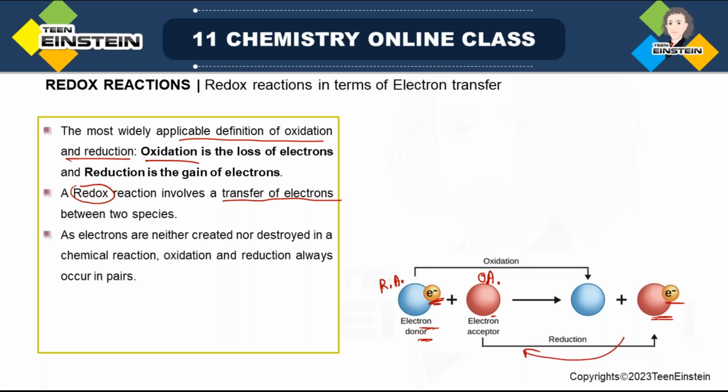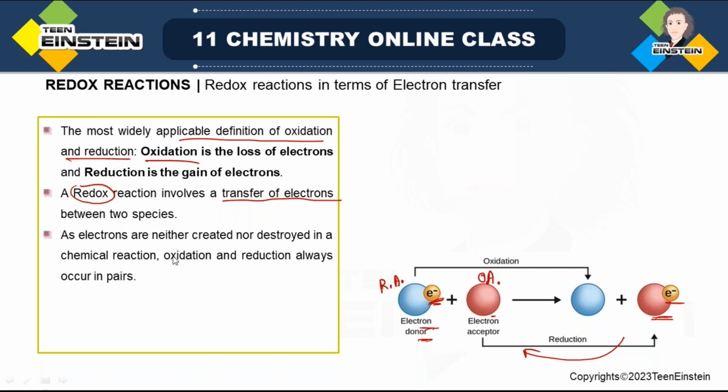Now we know that electrons, we cannot create them, we cannot destroy them. That means it will always occur in pair. That means if in any reaction there is loss of electron, we cannot destroy that electron. So that electron must be taken by some other species. So that is why these two processes have to occur simultaneously.